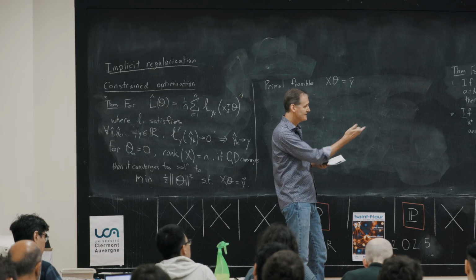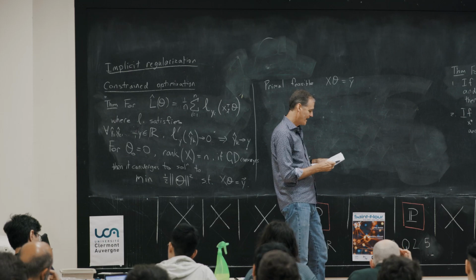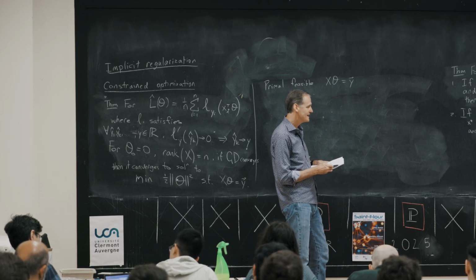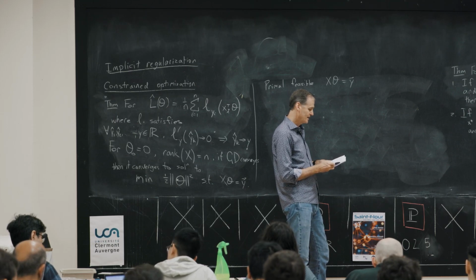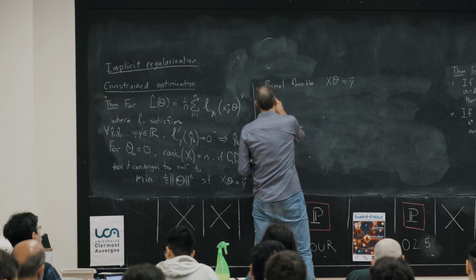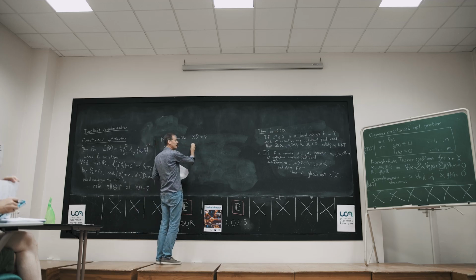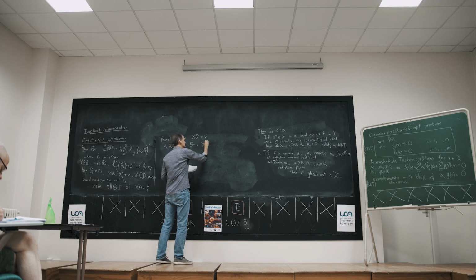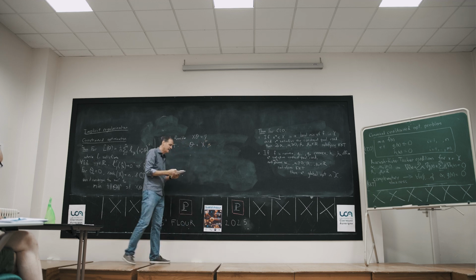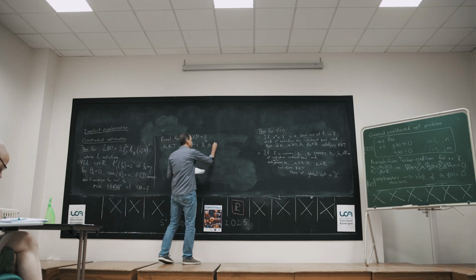Grad f in this case is just theta. So when we write out the KKT conditions, grad f plus the sum of beta i times grad hi equals 0, that's just grad f is theta, the sum of the beta times the grad h term is x transpose beta, and we want that to be equal to 0.